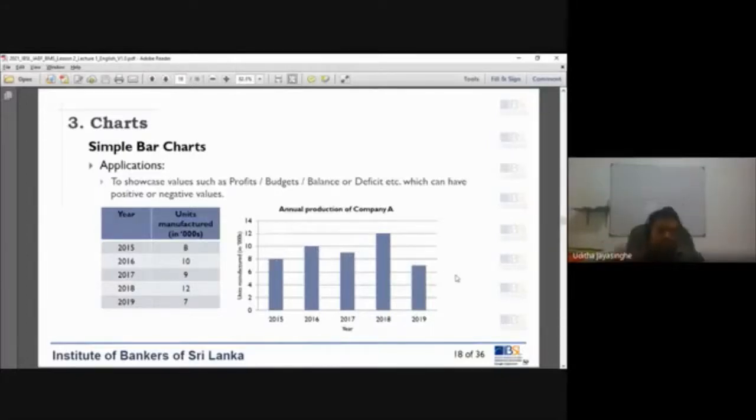So a line chart and a simple bar chart don't differ much: here you may see bars, and in a line chart the central point of each bar will be joined by a small line. Sometimes you may see a casual line, sometimes an area highlighted by a line. So a line chart and a bar chart are very similar in representation. Okay.